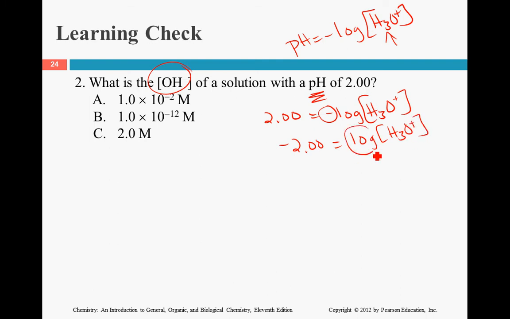To get rid of this log, we're going to take 10 to the x of this and 10 to the x of this. The log and the 10 to the x cancel out to leave H3O plus on the right hand side. So we're going to put the 10 to the x button.